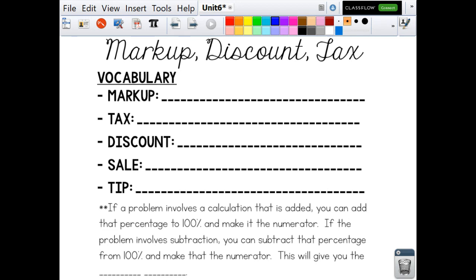So markup means that it's added to the cost. So if something is marked up, that means the cost is going up. So whatever the percent that you mark up, it's going up. Tax is added to the cost.